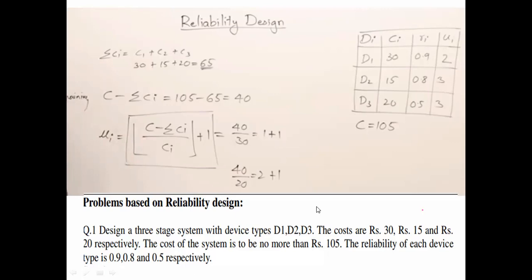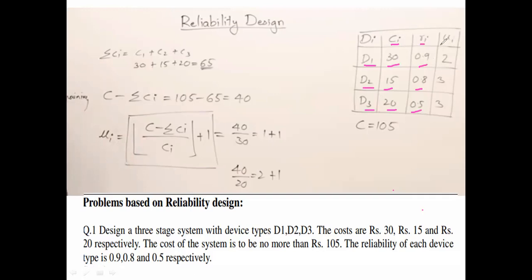And the cost of the system is to be not more than 105. That is the total cost. Okay, cost of the system. And the reliability of each device is 0.9, 0.8, 0.5 respectively. So you must write a table. The devices are D1, D2, D3, the costs are 30, 15, 20, and the reliability of each device is 0.9, 0.8, 0.5.